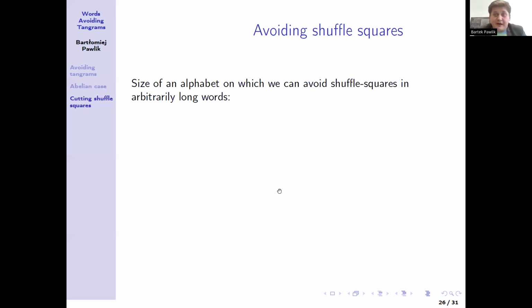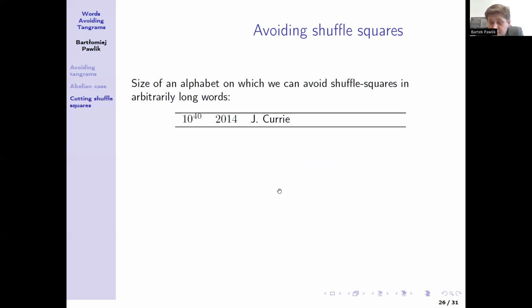So what about avoidance here? What is the size of the alphabet on which we can avoid shuffle squares in arbitrarily long words? The problem was posed by James Currie in 2014, in an unpublished note. It was taken up by Müller in his PhD thesis.